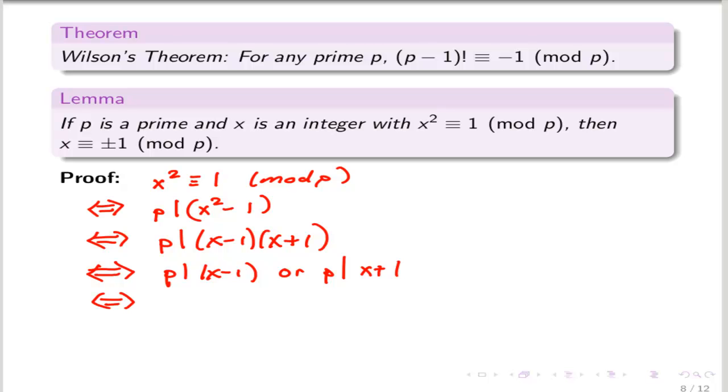And in the first case, that means that x is congruent to plus 1. In the second case, it's congruent to negative 1.